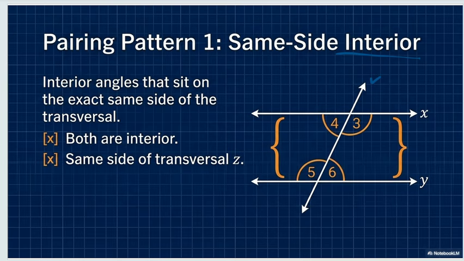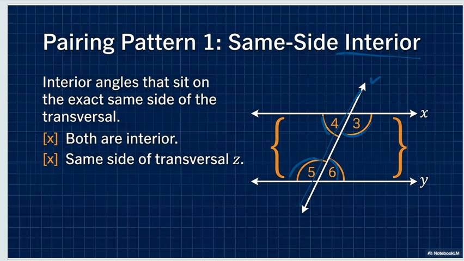So angle 3 and angle 6 are on the same side of the transversal. Also angle 4 and angle 5 are on the same side of the transversal line.